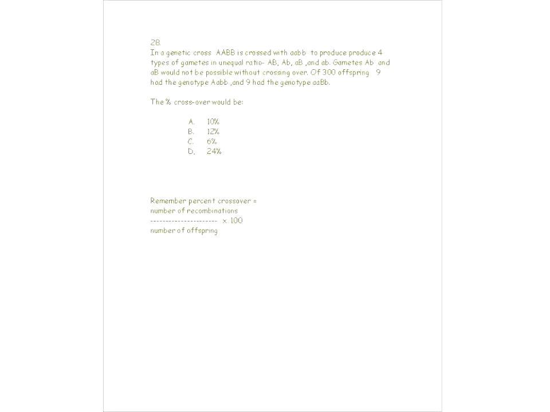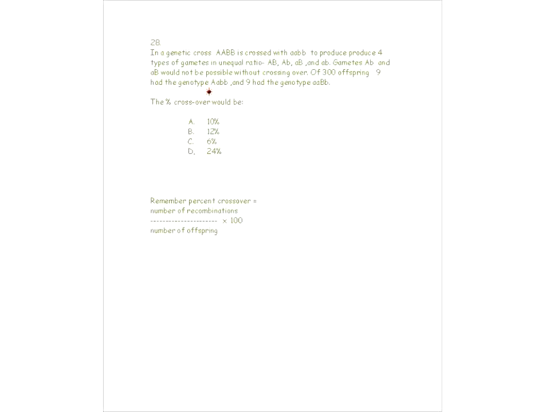This is our last question here. It says, in a genetic cross, we have these genes being crossed with these genes to produce 4 types of gametes in unequal ratio. Gametes capital A, small b, and small a, capital B would not be possible without crossing over. Of 300 offspring, 9 had the genotype here, and 9 had the genotype seen here.